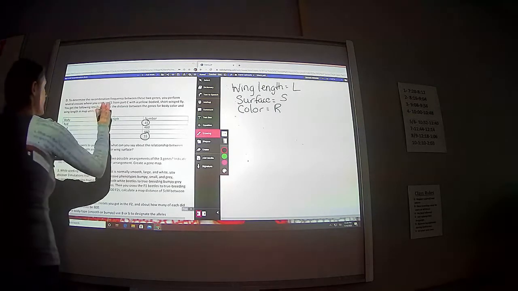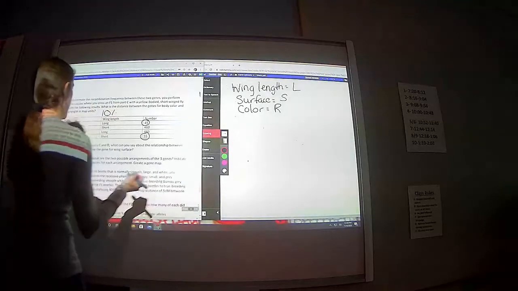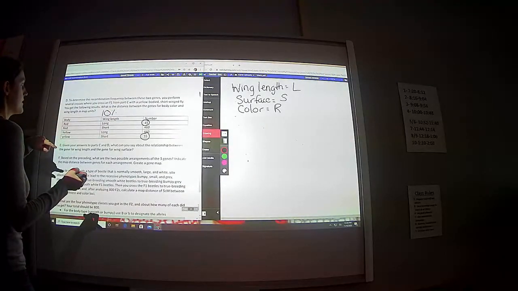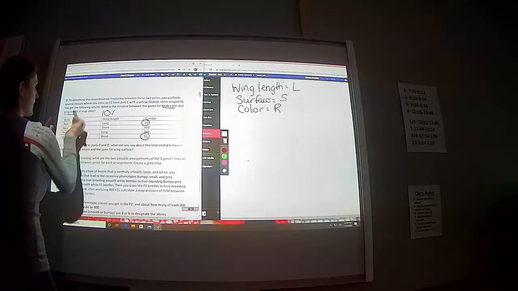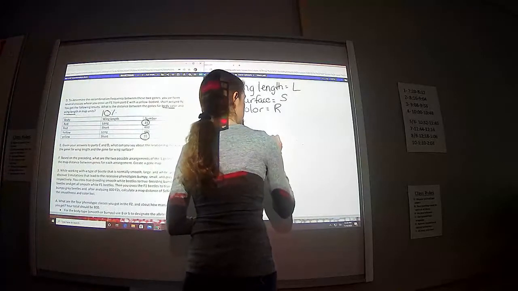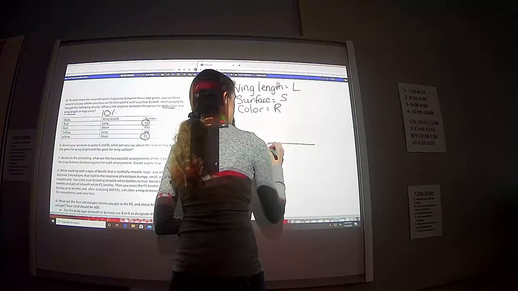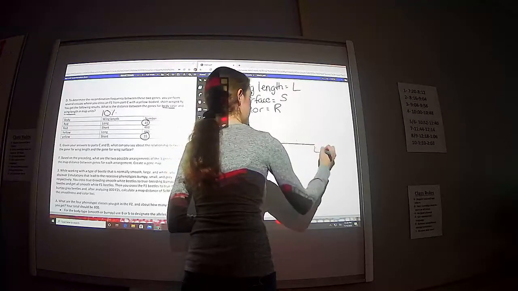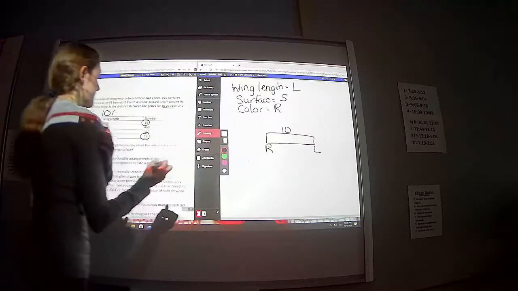So this one was 10 for D, and that was talking about the distance between body color and wing length. Color and length is 10.